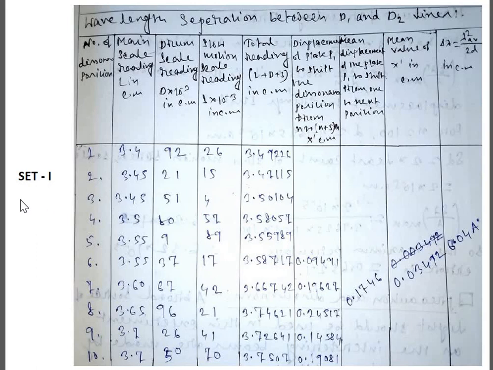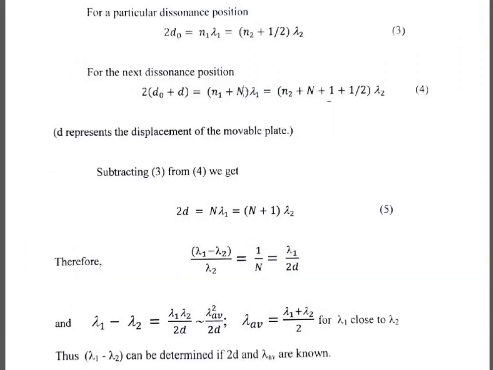And see, this is yet another example. This is set 1, and in our experiment we do 10 sets of dissonances and take the measurements, and you see this is how we get a value quite close to 6 angstrom. So you see this n is basically due to this d change, so n number of lambda 1, and again here n plus 1 number of lambda 2.